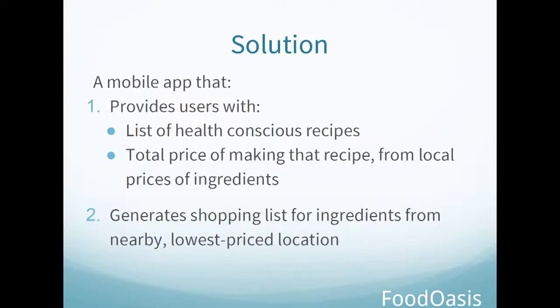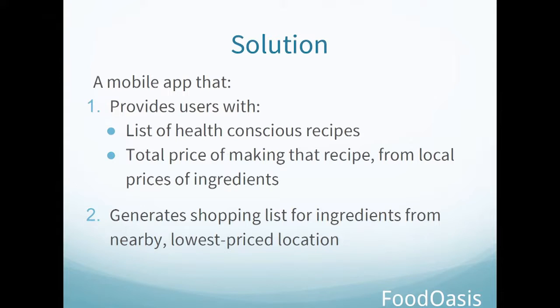So our mobile app, firstly on iOS, will roll out to Android, and we're going to create a web app soon. Our mobile app firstly provides users with a list of health-conscious recipes. We've extracted this data from the USDA, from a lot of PDFs.